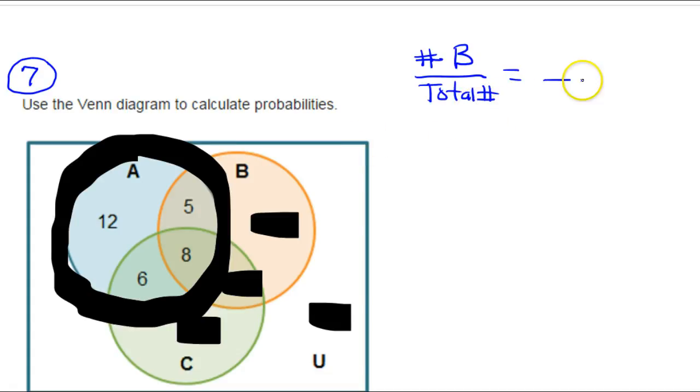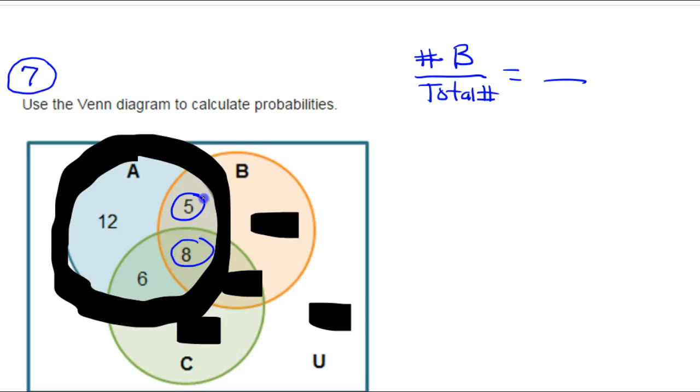Now, this number of B, though, will not include anything that's outside of this universe. So, how many B's are there in universe A? Well, these are the B's, because you can tell from the orange circle here that's inside of universe A.